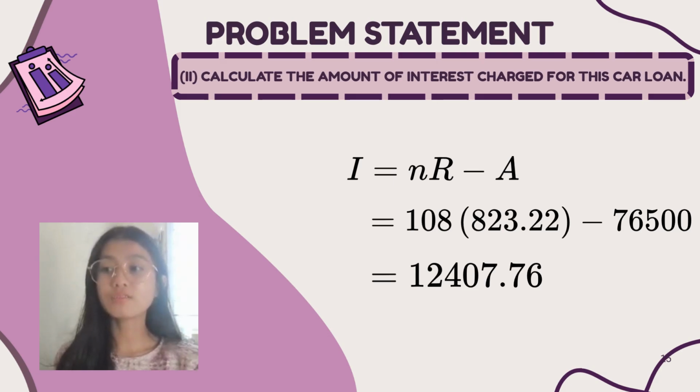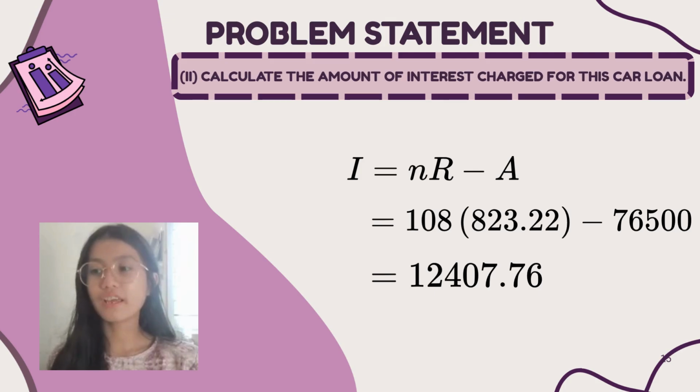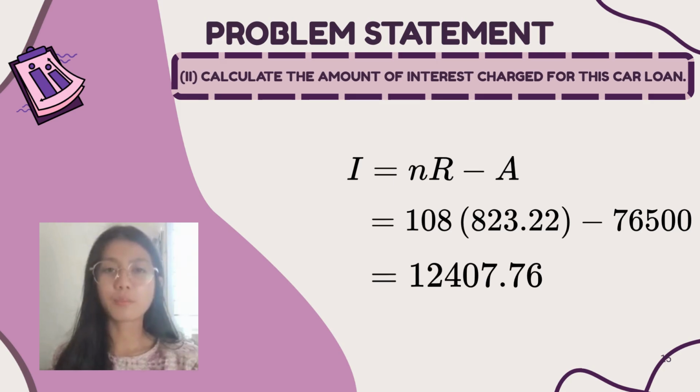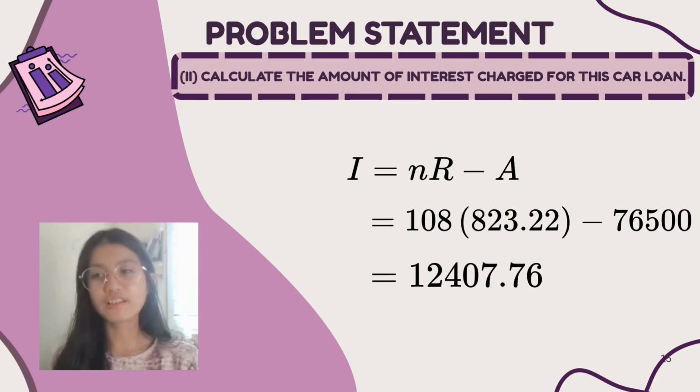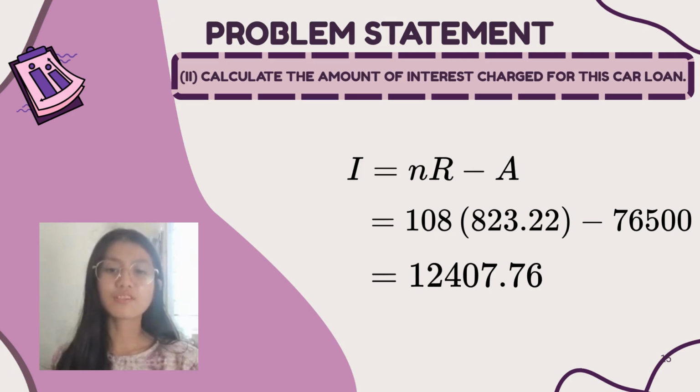R is the answer that we found just now, which is 823.22. Then minus A. So A is equal to 76500. Then you will get the answer by just calculating it.